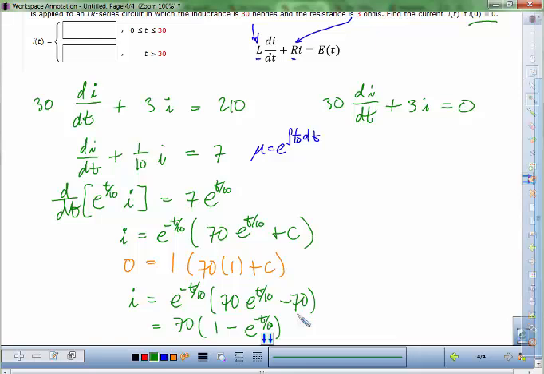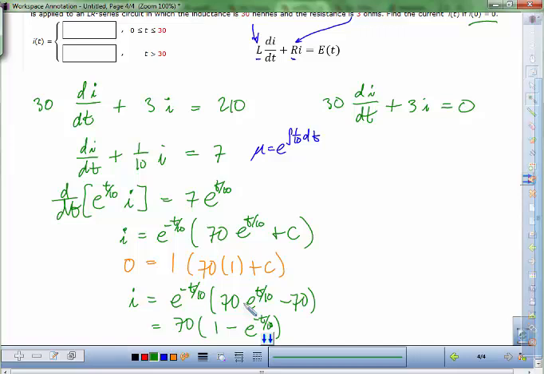So now imagine doing the same thing on the other side, except instead of a 7 you get a 0, which is going to make things a lot nicer for us, I think. Isn't that negative e to the negative t over 10? Oh, because this is a negative, this is a positive, and if you add the exponents, it's like e to the 0.